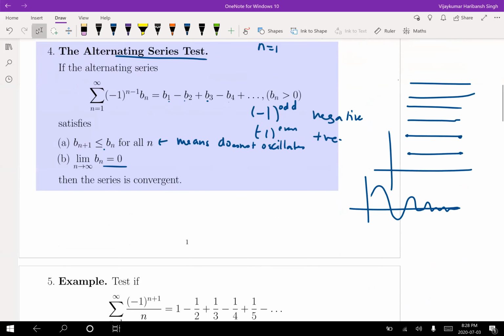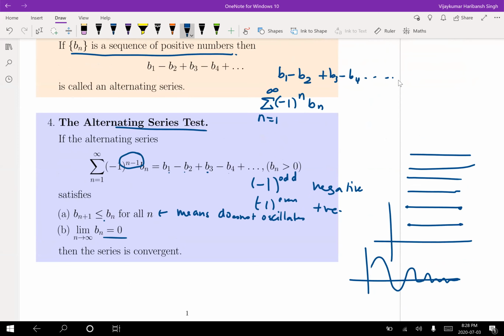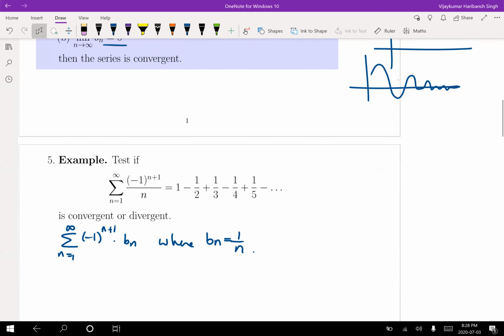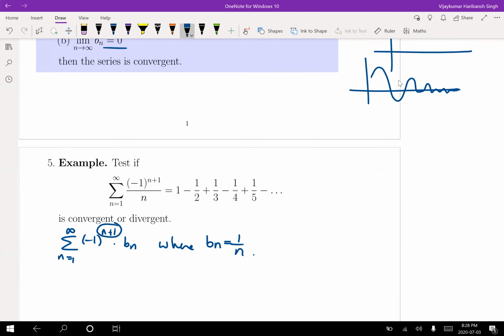Note that earlier we had a form of n minus 1, and here we have n plus 1. Is that okay? Yes, it is indeed okay. As long as they keep alternating, it doesn't matter whether the first term is positive or negative. But in this case, you can also write it as minus 1 to the power n minus 1.